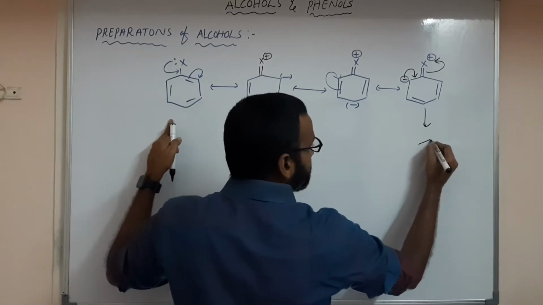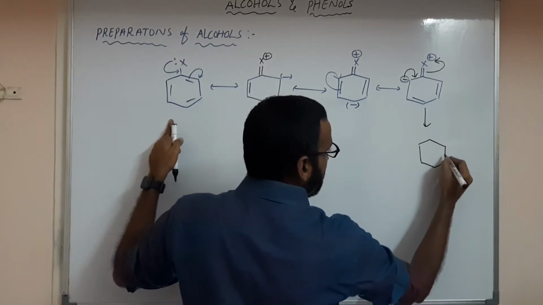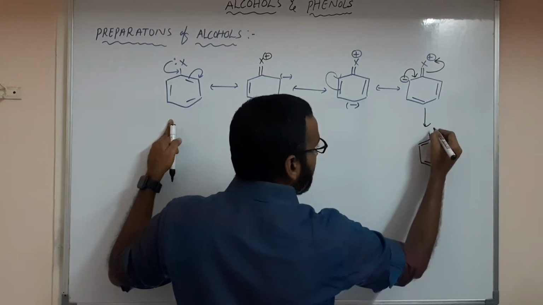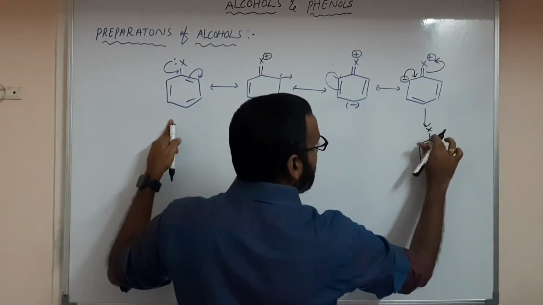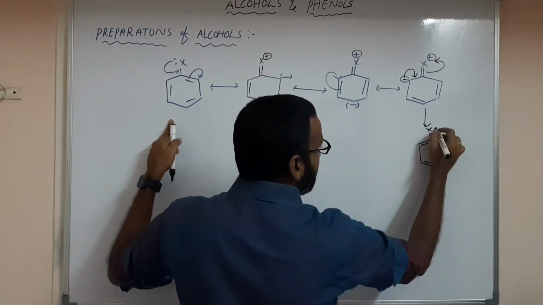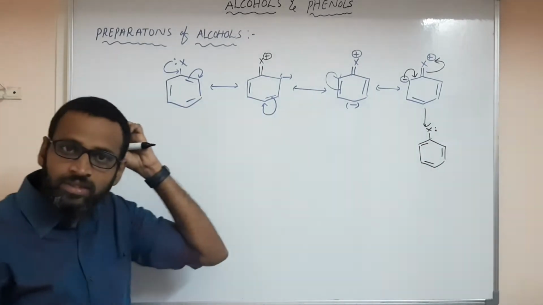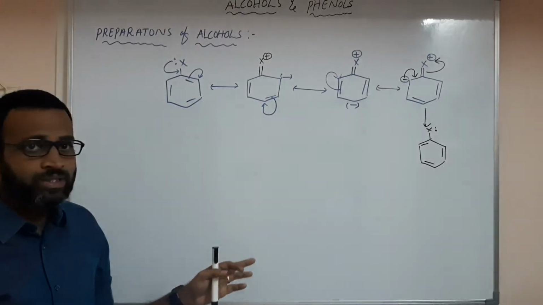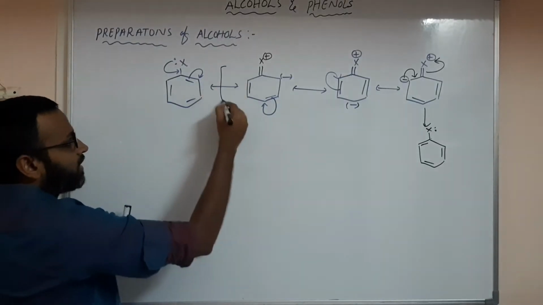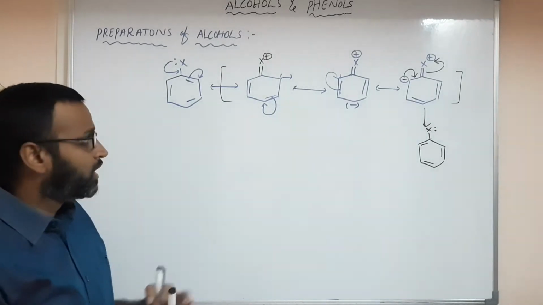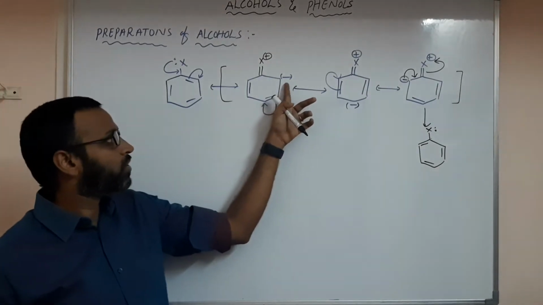Here you have a benzene, a pi bond, and X here, and again it retains the lone pair. Why am I showing this? If you observe the resonating structures of this halobenzene, where you have negative charge, you have negative charge at the ortho position.